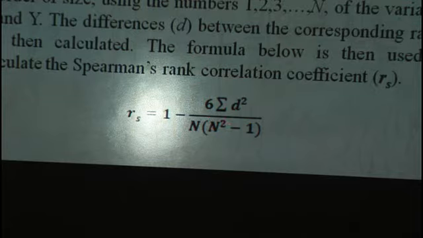The d here is the differences between the corresponding ranks, and the n is the number of pairs of the variables or the values of the variables.